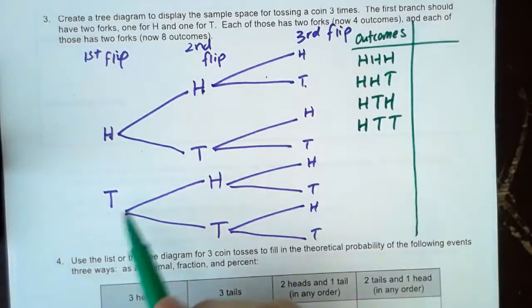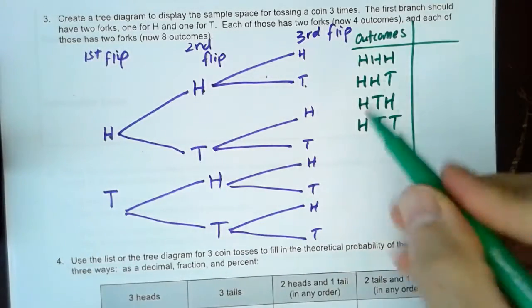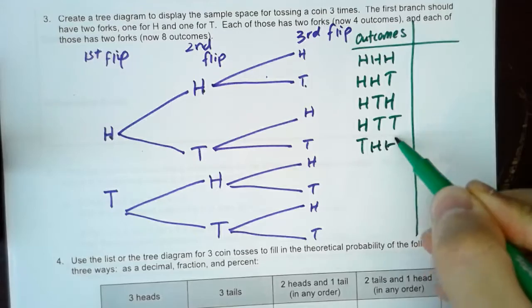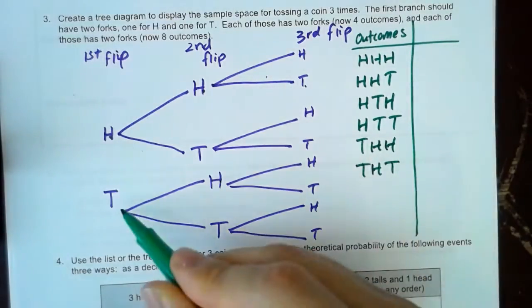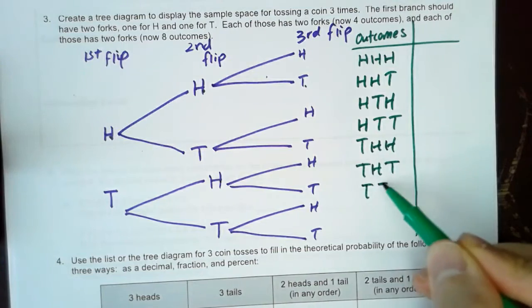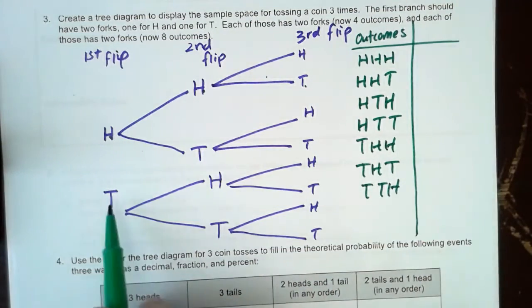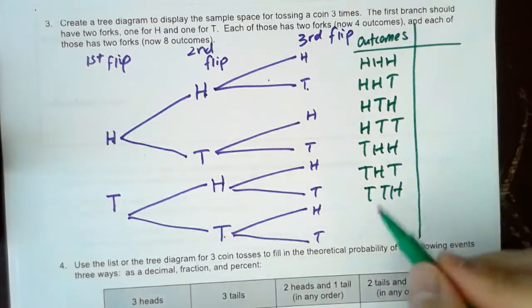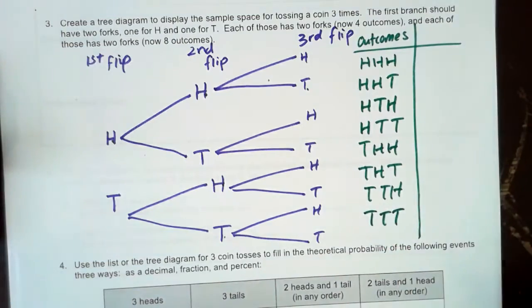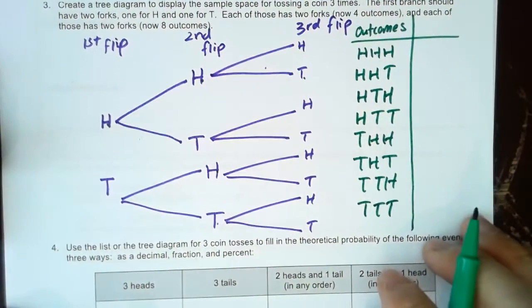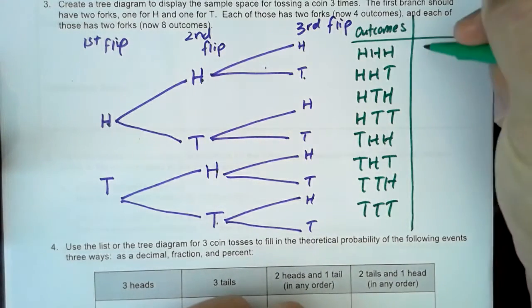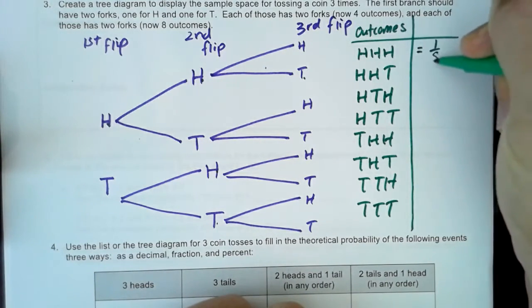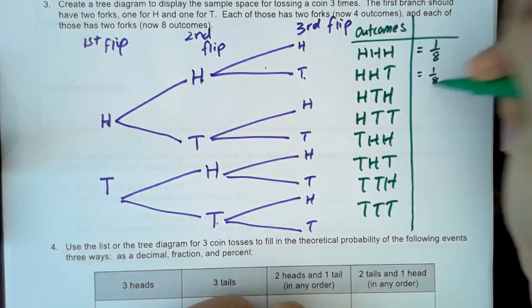Okay, and then we go from here, we go tails, heads, heads, tails, heads, tails, tails, tails, heads, and then finally tails, tails, tails. It is not a surprise, class, that we have 8 total outcomes, and each of these outcomes has an equal opportunity to be made.